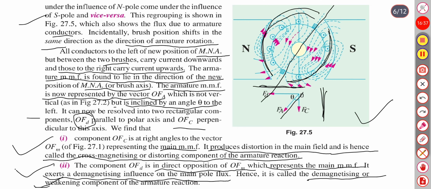So here we found two components. One is called the cross magnetizing or distorting component represented by OFC, and second is the demagnetizing or weakening component of armature reaction represented as OFD.